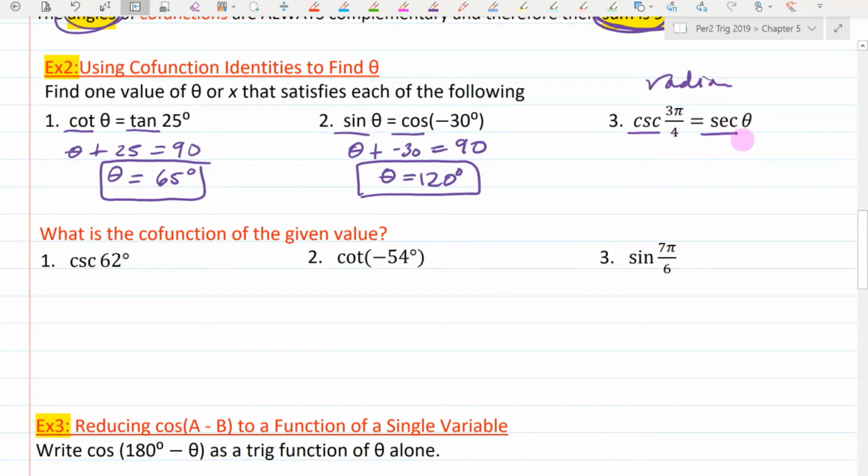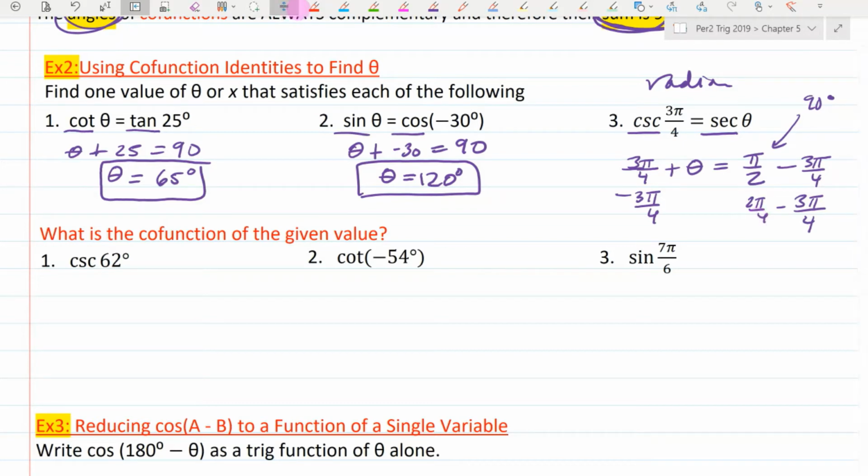These are cofunctions, so that means 3 pi over 4 plus theta is equal to pi over 2, because pi over 2 is the same thing as 90 degrees. So I'm going to subtract 3 pi over 4. So that would make that 2 pi over 4 minus 3 pi over 4. So theta is equal to 1 pi over 4.